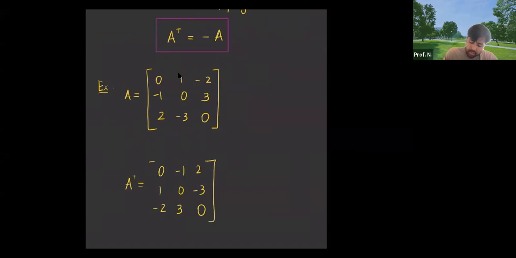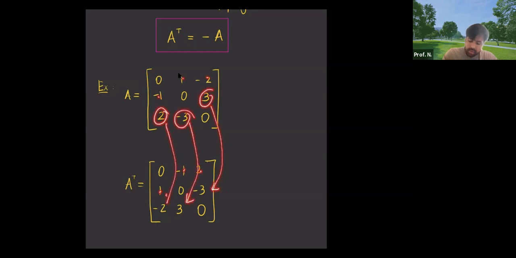So that's the transpose. And if you compare the entries here with here, they're pretty much the same, except that all the entries are just negative of one another. So this equals indeed -A.